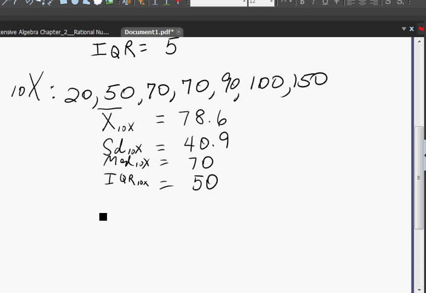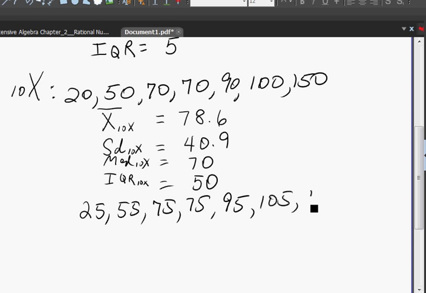So this is the data set 25, 55, 75, 75, 95, 105, 155, and I'm going to call this set 10 times capital X, and then I added 5.